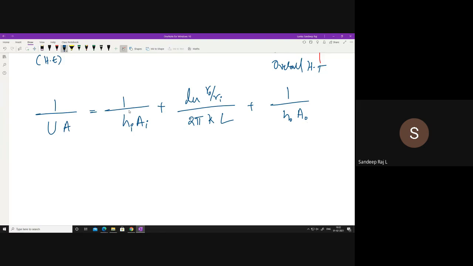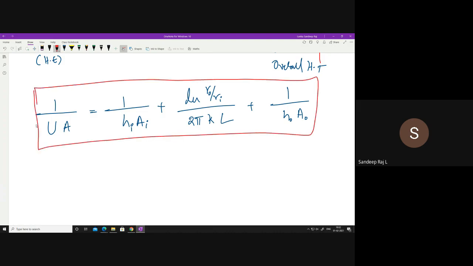So this is the formula here. If you want to find out U, the overall heat transfer coefficient for any given heat exchanger, this is the procedure that you will follow.